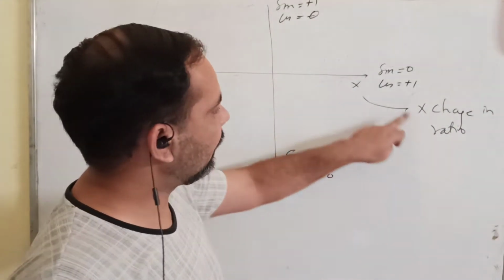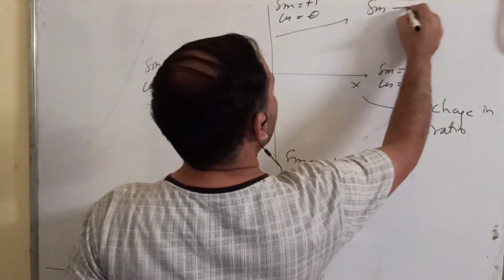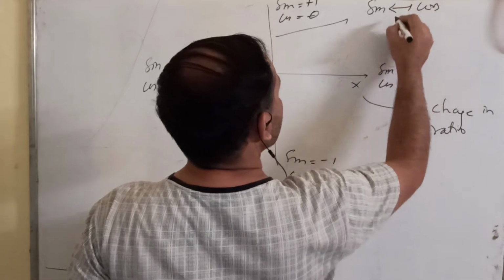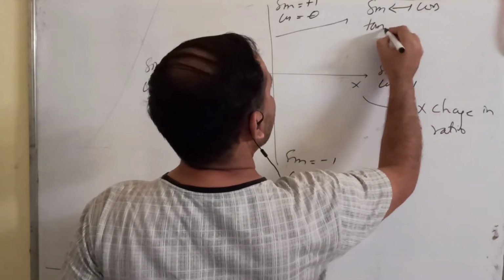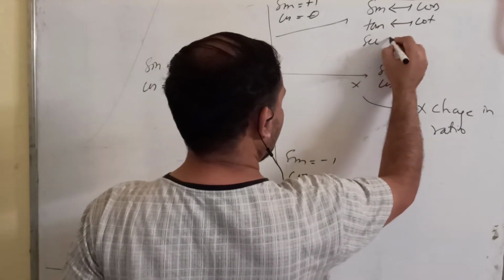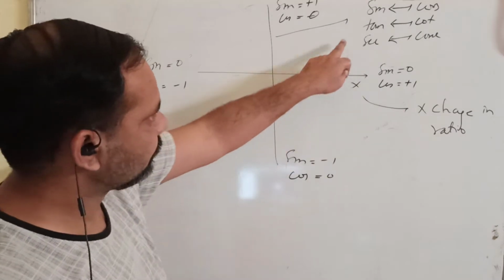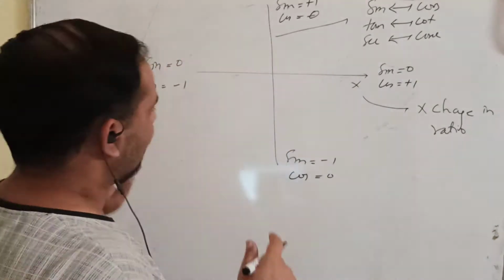On the y-axis, sine will become cos and cos will become sine. Tan will become cot and cot will become tan. And sec will become cosec and cosec will become sec. It will be this way.